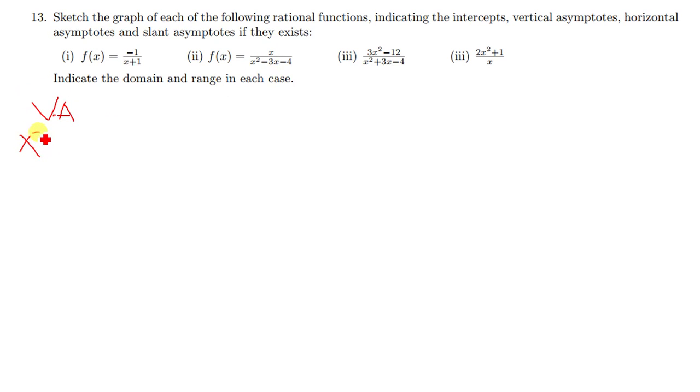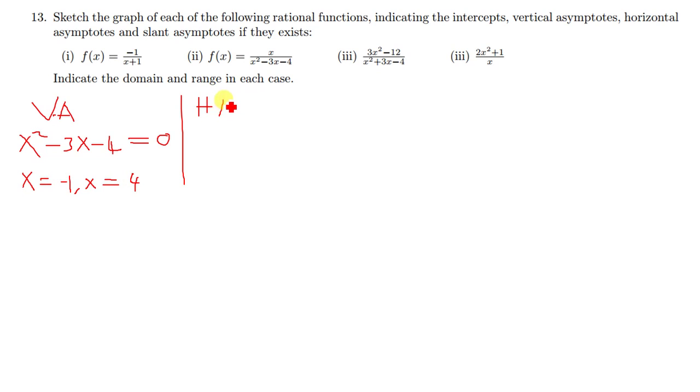So when you equate the denominator, which is x squared minus 3x minus 4, to 0, your values of x are: the first value of x will be equal to -1, and the other value of x will be equal to +4.